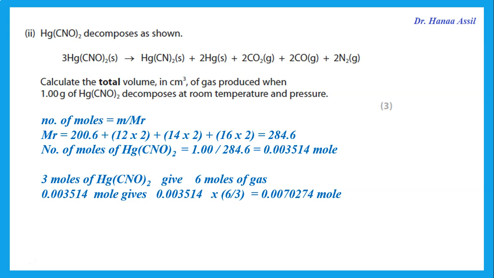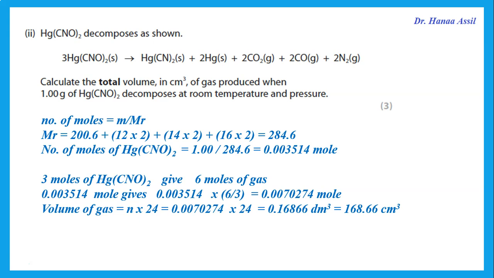So basically you're multiplying by 2 to get the total number of moles of gases, and then the volume is the number of moles times 24, since it says at room temperature and pressure. That gives it in decimeter cubed. The question asks for centimeter cubed, so you multiply by 1,000.